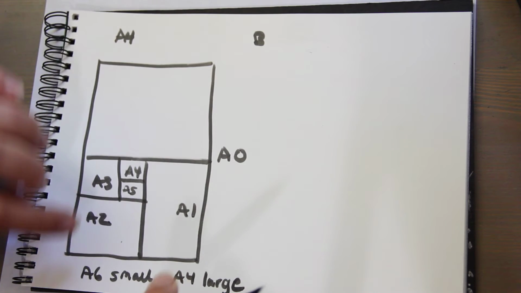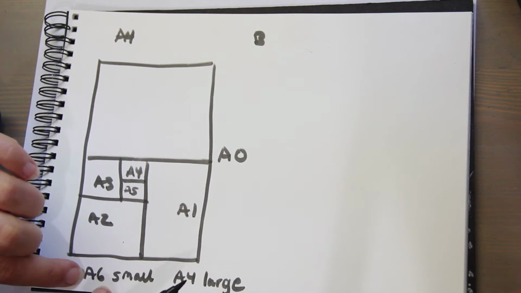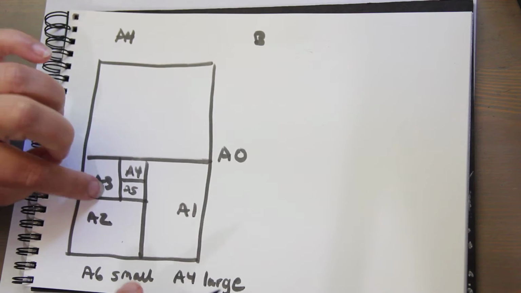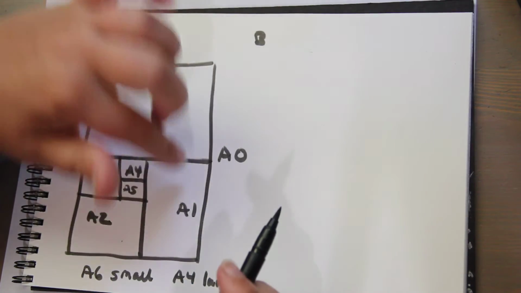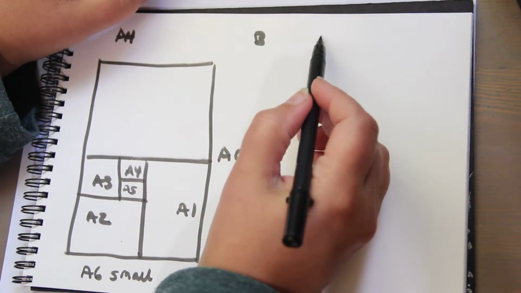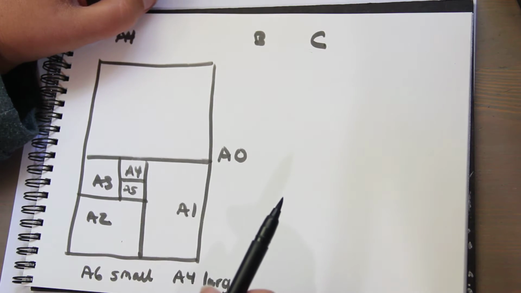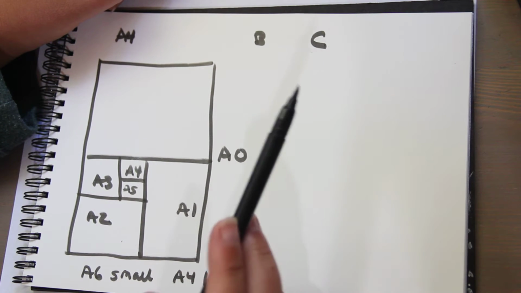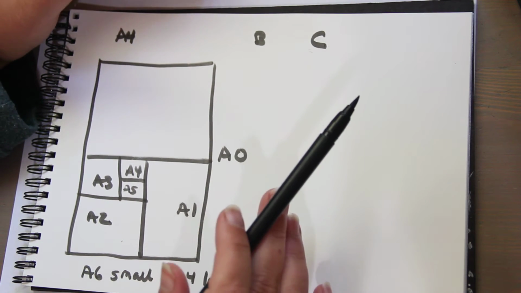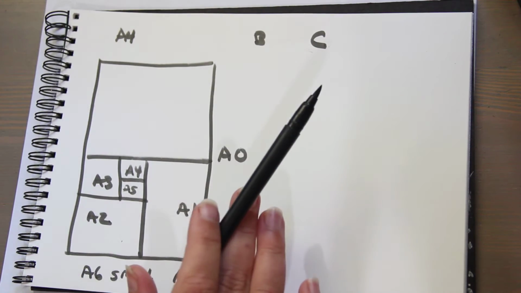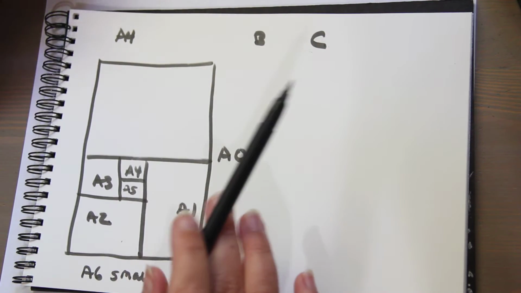It sounds backwards, just written out like that, but when you visually see it, it makes more sense. B is set up the same way. There's also C series of paper, and that is primarily used for envelopes. So this is all international, it's universal, it makes sense.